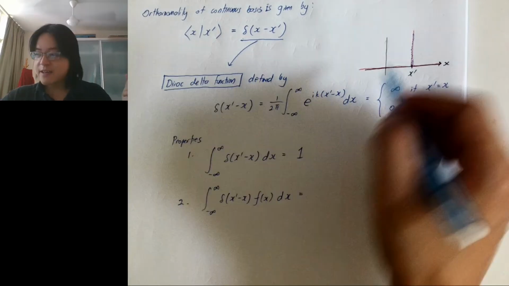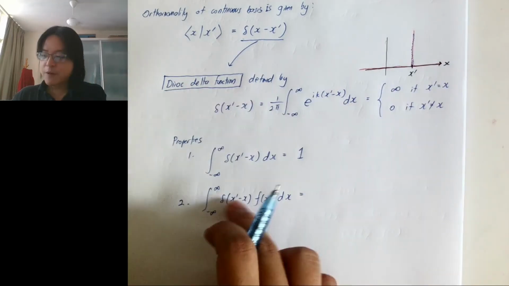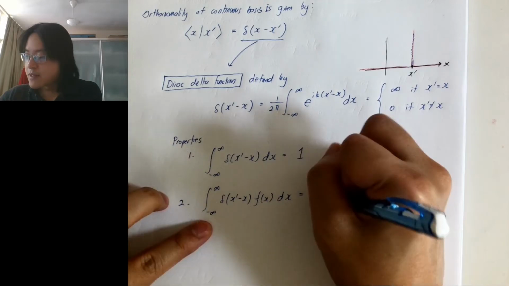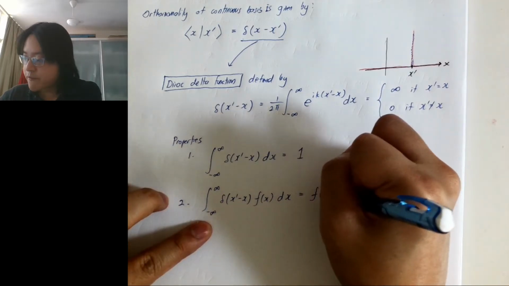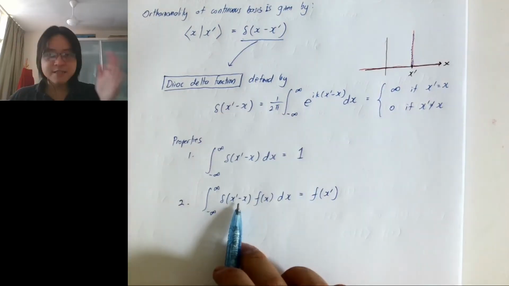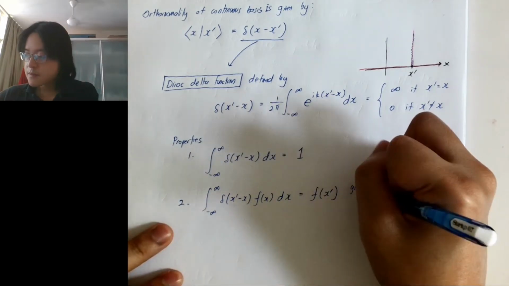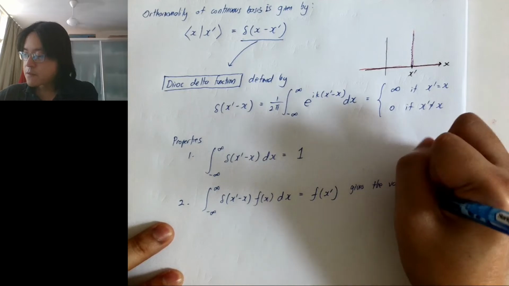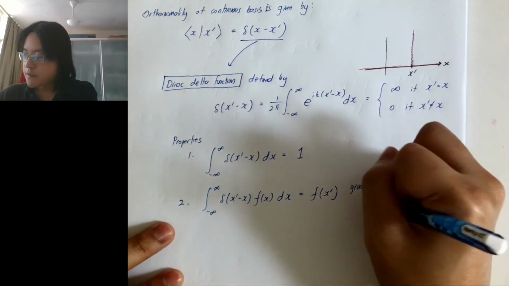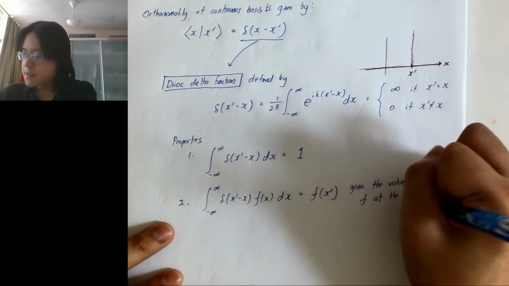And then the answer is exactly equal to the value of that function at the spike. The value of f at the spike.